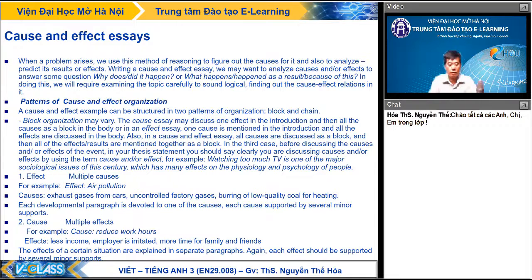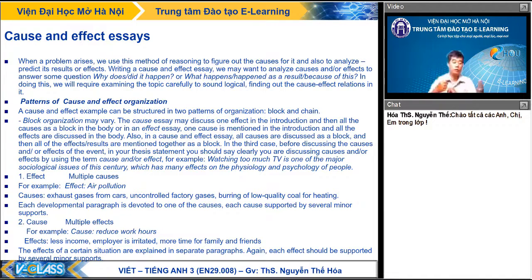And also from one cause, you may have different effects, and vice versa. For example, we have the effect air pollution. So we may try to find out a lot of causes related to air pollution. For example, we may have causes like this: exhaust gases from cars, uncontrolled factory gases, burning of coal for heating.